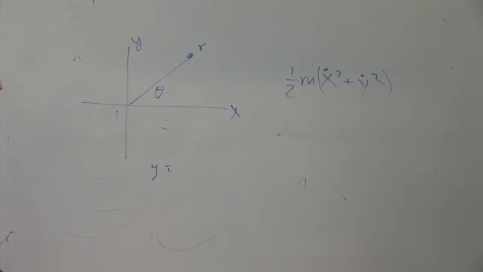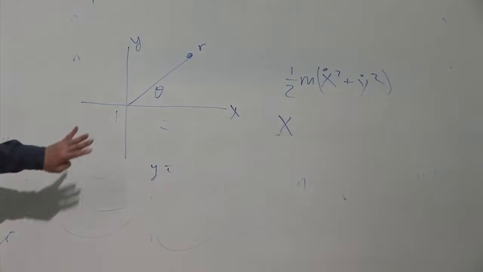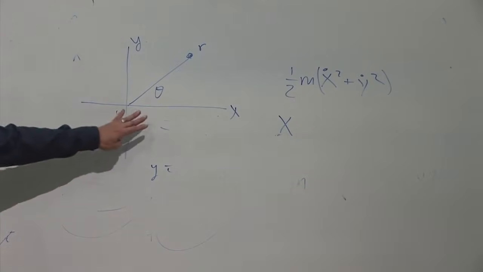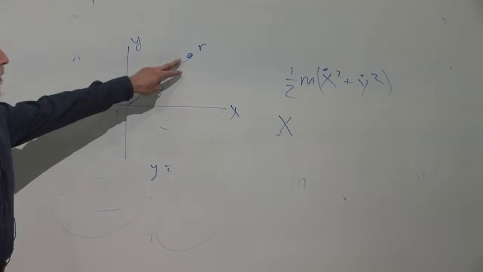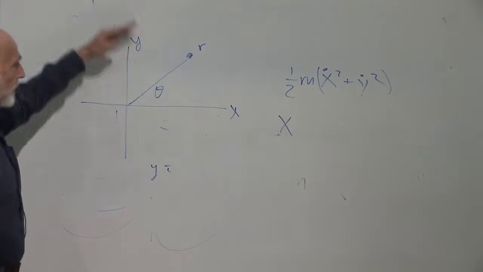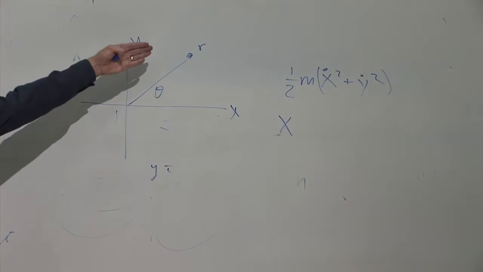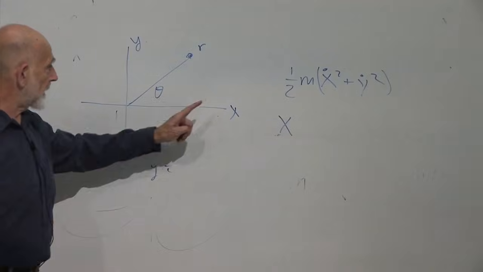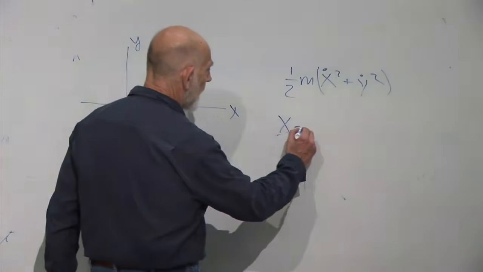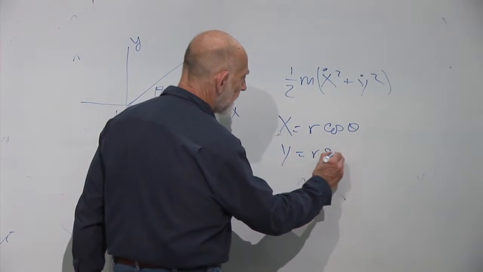Okay, that's easy. Theta is now the theta coordinate of the particle. It is changing with time. If the particle moves, theta changes with time. Okay? And so does r. All right. But x is equal to r cosine theta, y is equal to r sine theta.